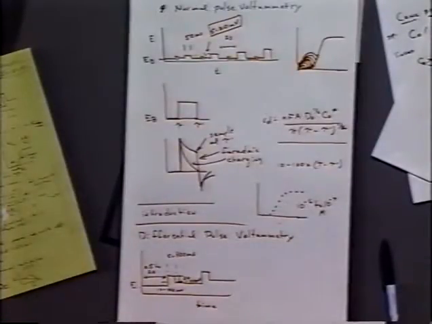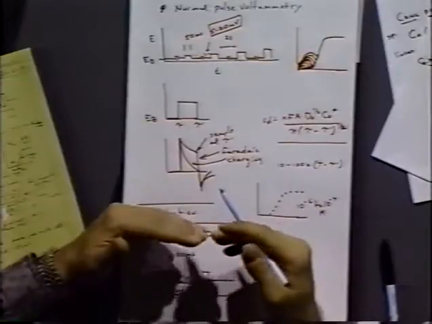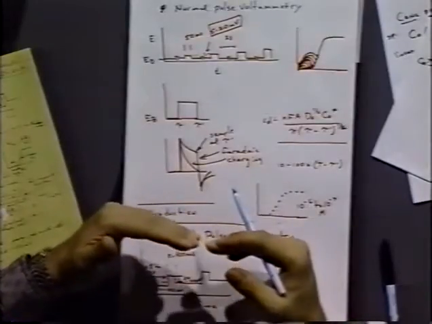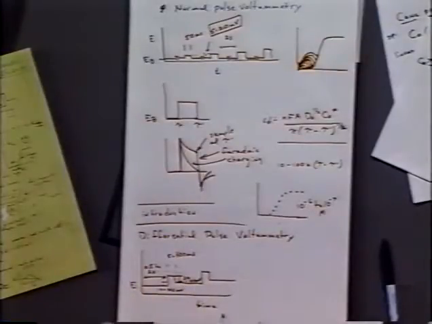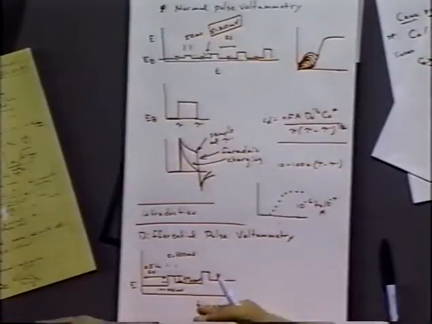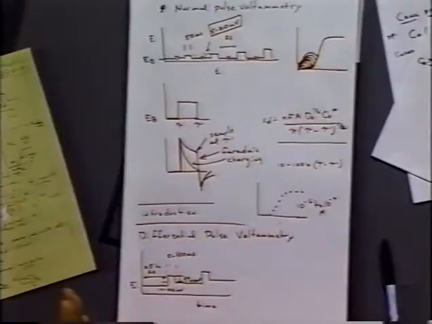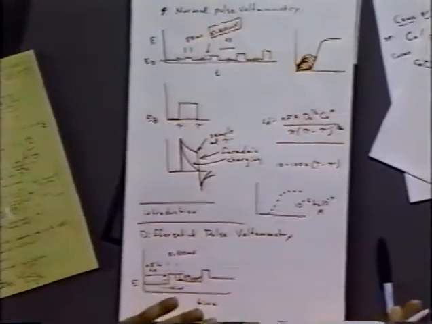Now what you're doing essentially is using the increasing baseline as setting equilibrium conditions. Because this is a fairly long time period between pulses, we can assume that the electrode response is at equilibrium. We can assume Nernstian conditions in that case. A lot of times we have to worry about that, but because we've got a long time frame between the pulses, the system can achieve Nernstian type equilibrium, hopefully.